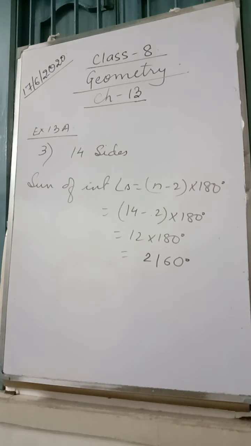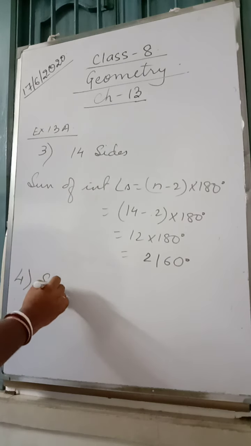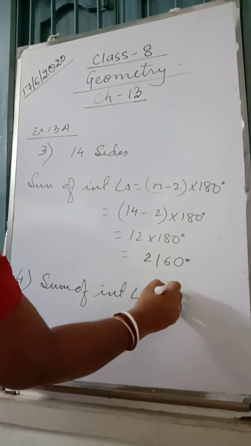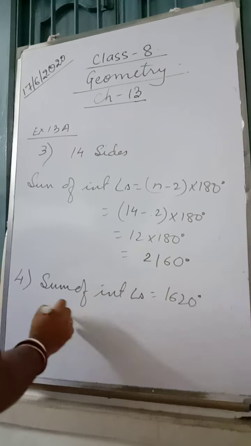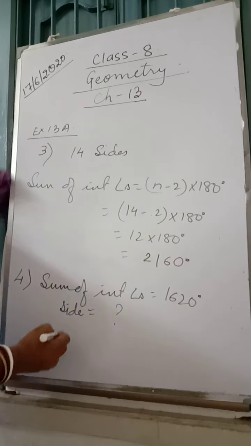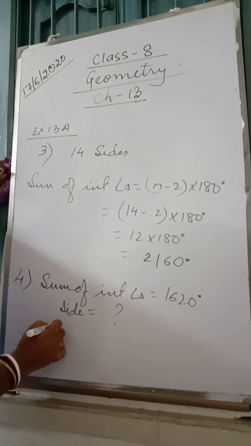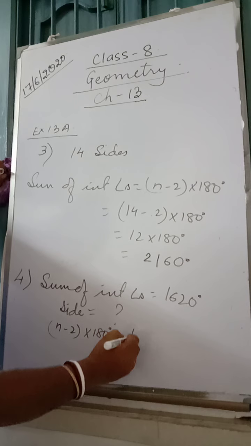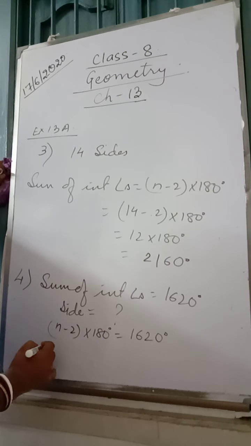Now question number 4, here the sum is given and you have to find the number of sides. In number 4, you can see the sum of interior angles is given as 1620 degrees. So the same formula we are using: (n minus 2) into 180 degrees is equal to 1620 degrees.